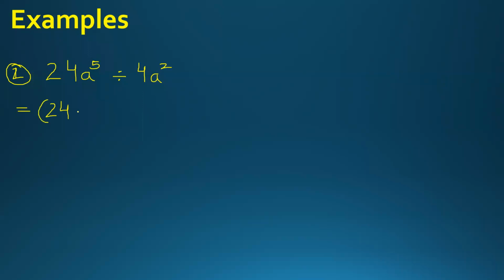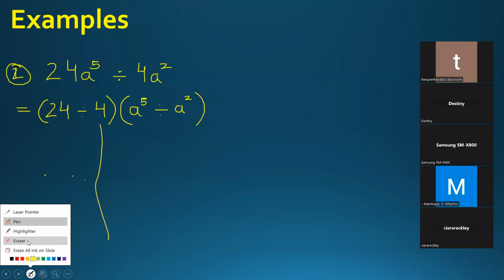Then the next thing, we're going to group the e to the 5th power divided by a to the 2nd power. The second power, right? Very good. Yes, that's correct. Okay, awesome. Then we're gonna divide. I want you to do the whole thing. All right, thank you.